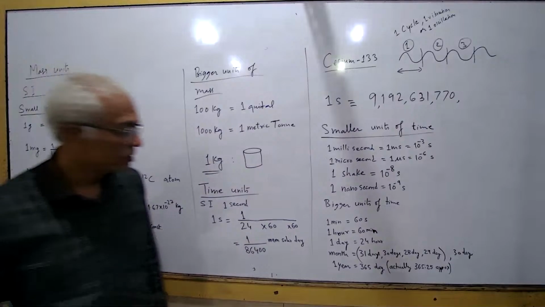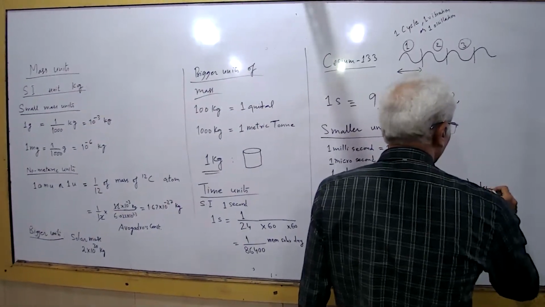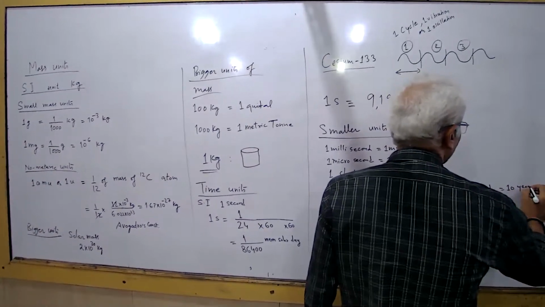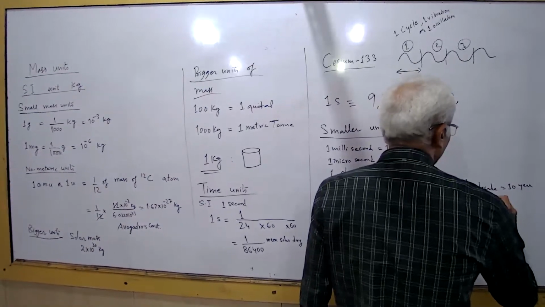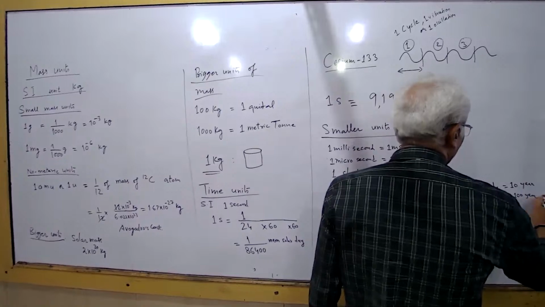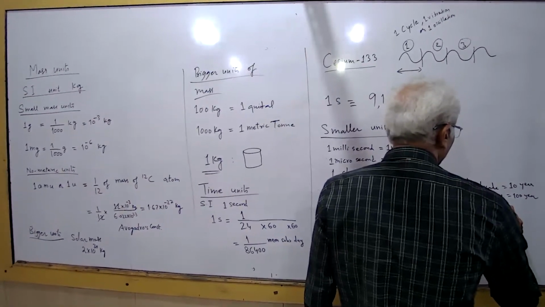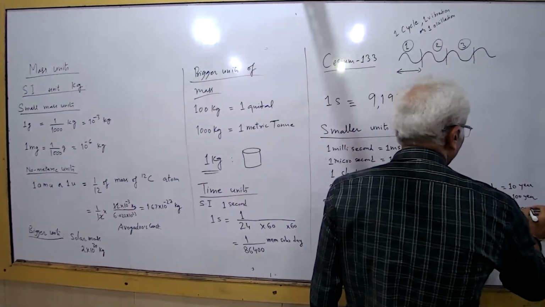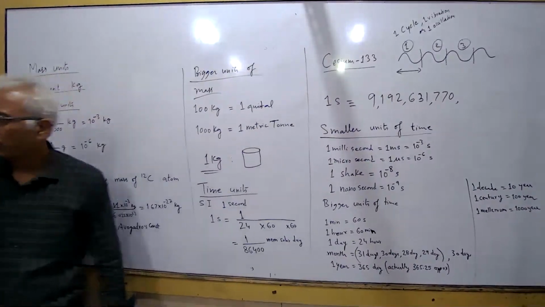So then you have 10 years is called a decade. Then 1 century, 100 years. 1 millennium, called 1000 years.